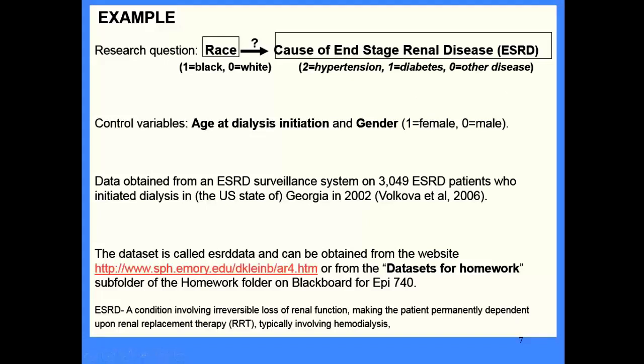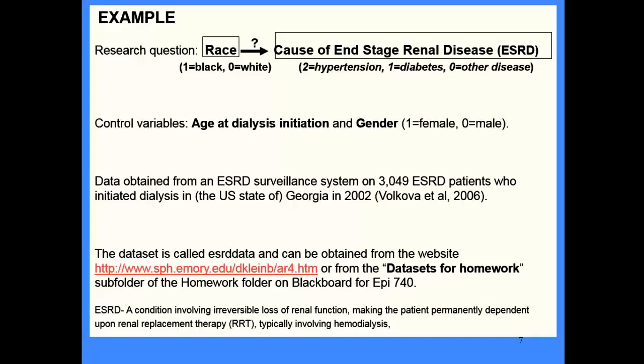Now, I've labeled hypertension 2, diabetes 1, and other disease 0. But if you look at those 3 numbers, 2, 1, and 0, does that really describe a real ordering? Is hypertension sort of higher than diabetes, more serious than diabetes? It's just a different disease.